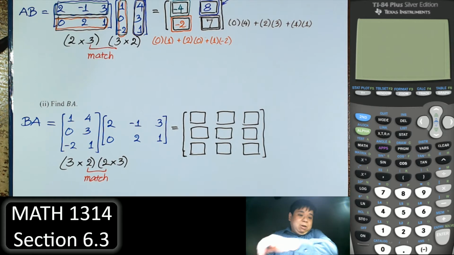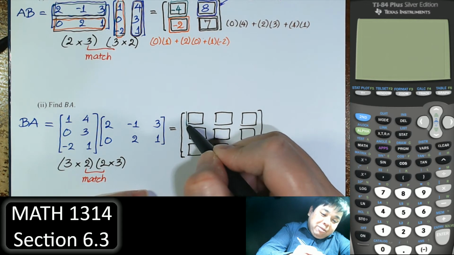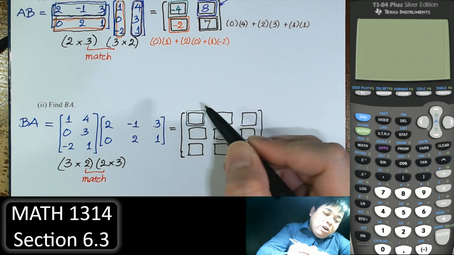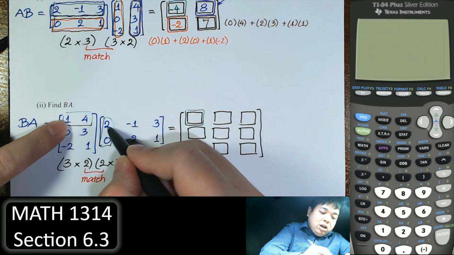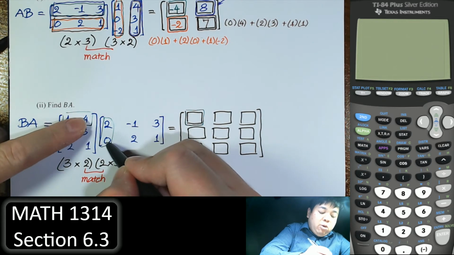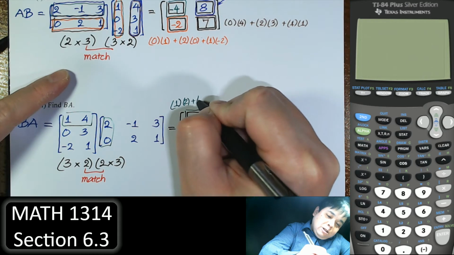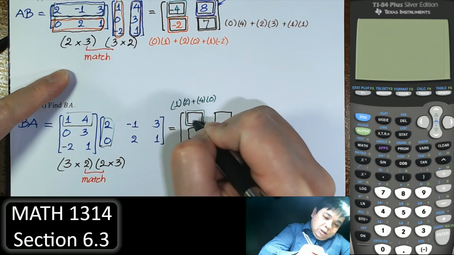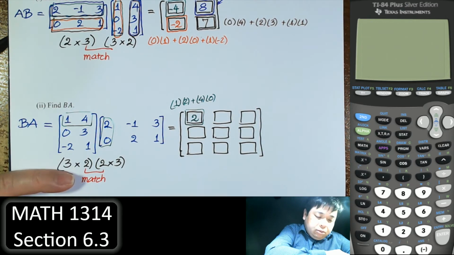Now I don't have all 9 different colors, so let's just look at some of them. Let's look at this one. First row, first column: 1 times 2 is 2, plus 4 times 0, so 2.